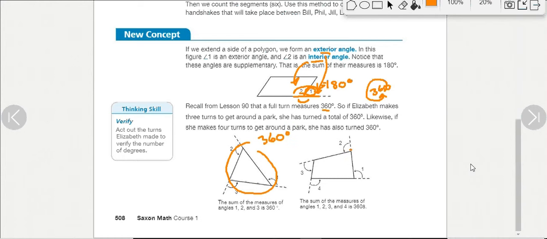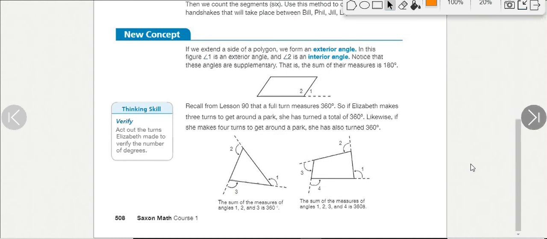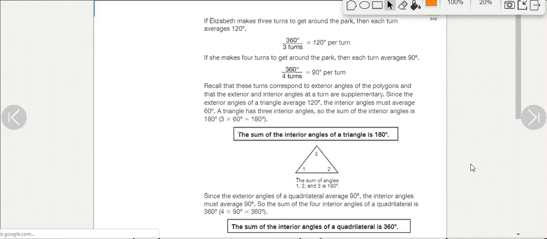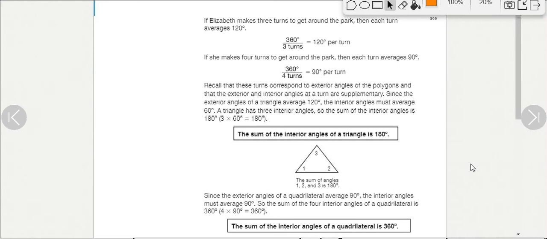And let's say the park is shaped like this, it's still 360 degrees to get around this park because you're going around it. And no matter how you do that, it's 360 degrees. If Elizabeth makes 3 turns, like with the triangle, each turn averages 120 degrees.